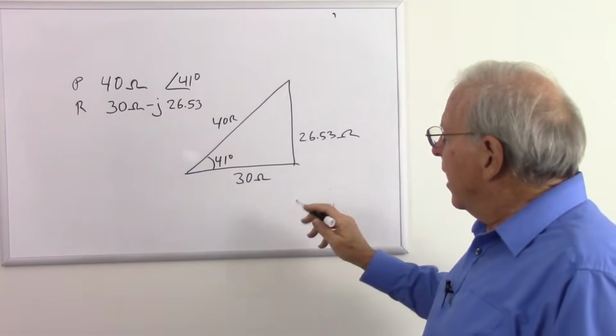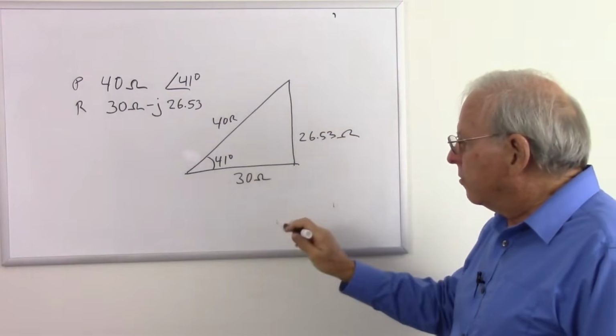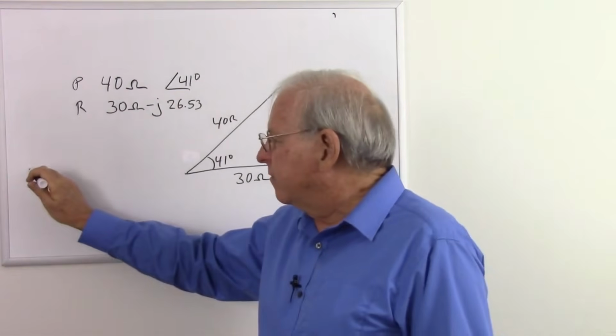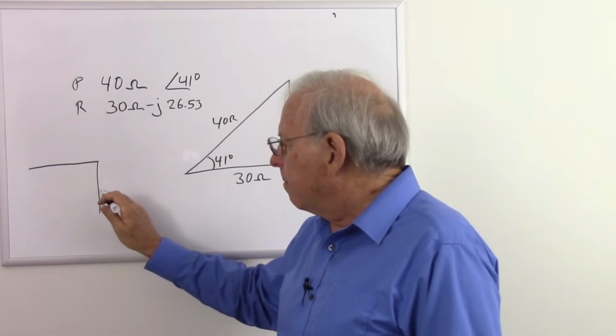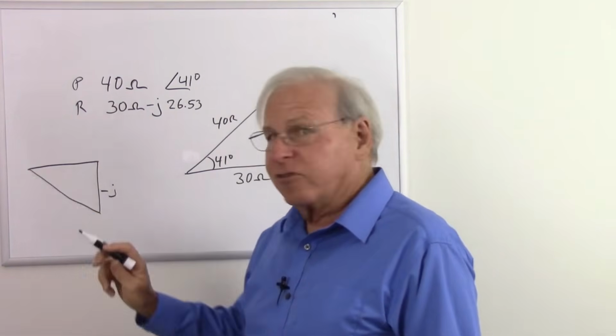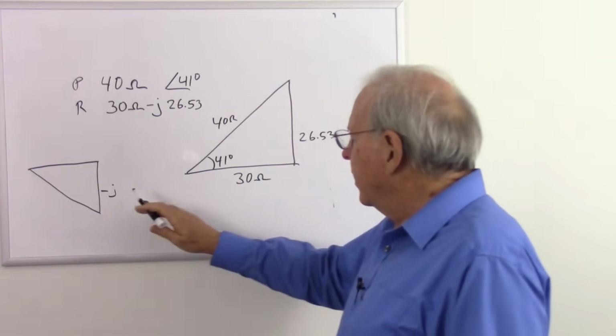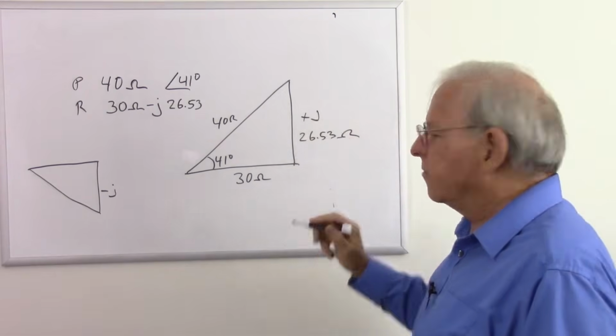And when we get to inductors in AC circuits, we will have a plus J there because they go different directions. As a matter of fact, I have this backwards. I really should have that go down. So for capacitance, I should have the resistor horizontal and the capacitor goes down for a minus J whatever. And there's our hypotenuse. It still works, but for an inductor, it would be a plus J for my inductive reactance.